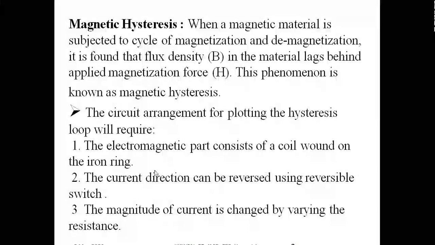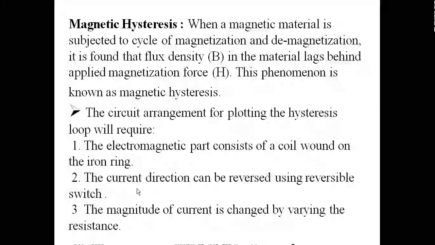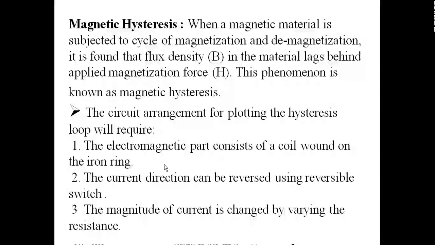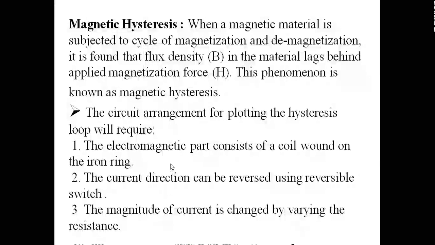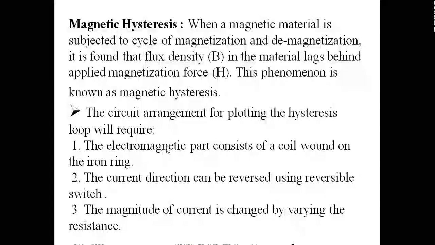Second, we need to reverse the direction of current, and for it we require a reversible switch. Third, we need to change the value of the current flowing through the coil wound on the iron ring, and that is possible by varying a resistance or rheostat.